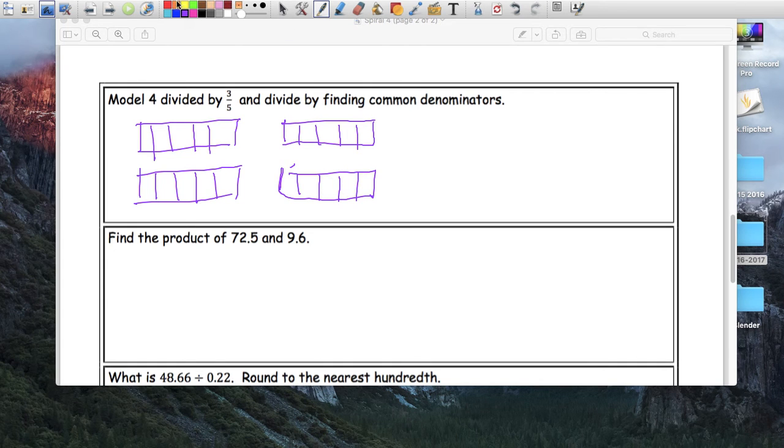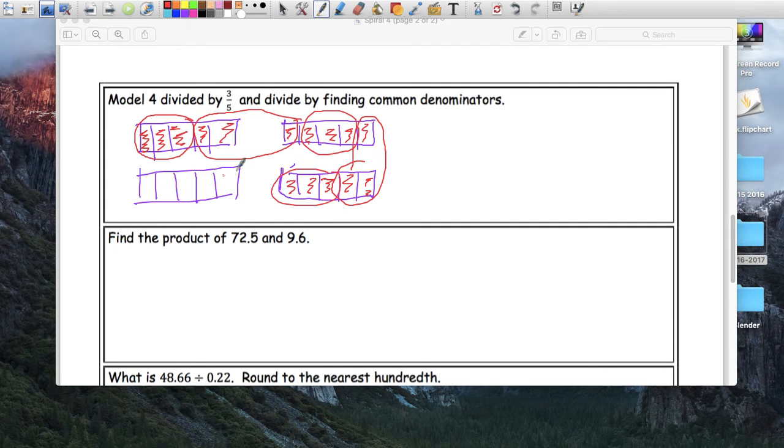So I want to do this in fifths, in 3/5. So 3/5 would be 1, 2, 3. That's 3/5. 1, 2, 3. That would be another 3/5. 1, 2, 3. Another 3/5. 1, 2, 3. So this 2 plus the 1 on top, 1, 2, 3.